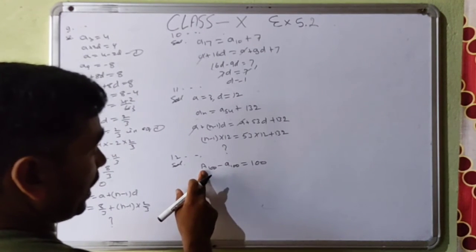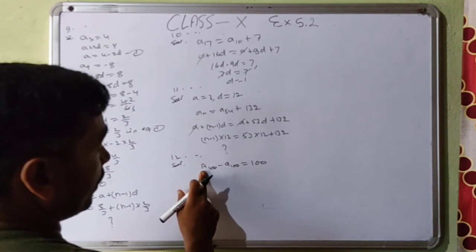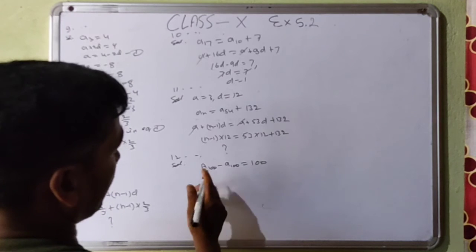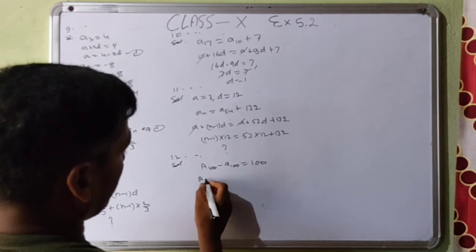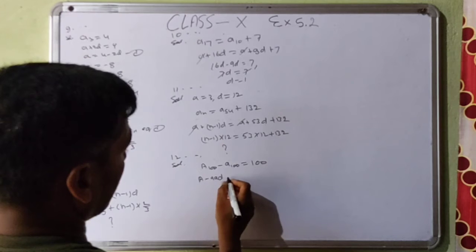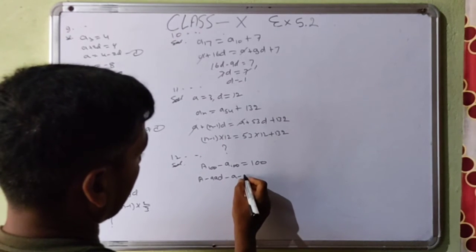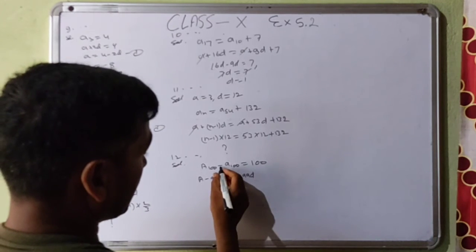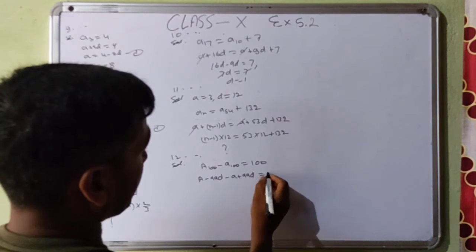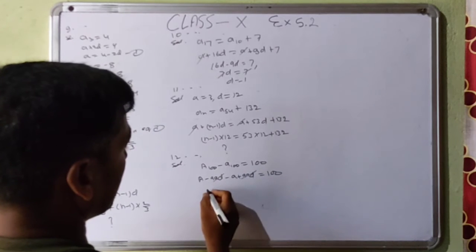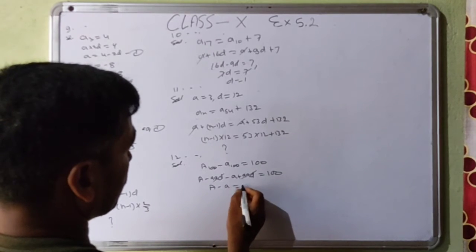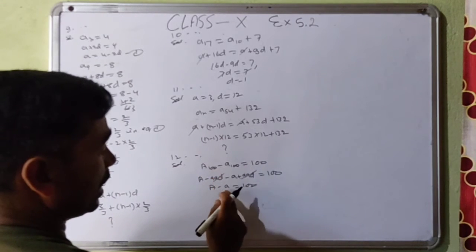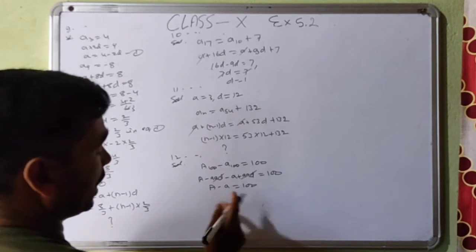The first AP we have taken in capital letters and the second AP in small letters. So the 100th term means A plus 99D, minus a plus 99D. Both will be 99D, but by the sign the 99D cancels. So A minus a is equal to 100. So the first term and the 100th term both show the same difference, 100.